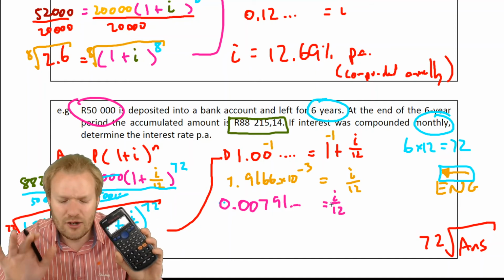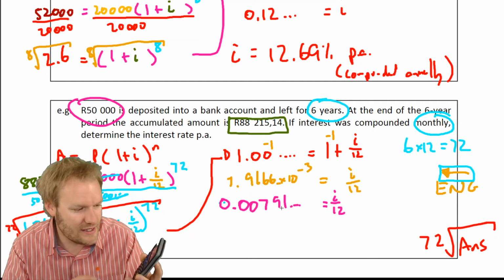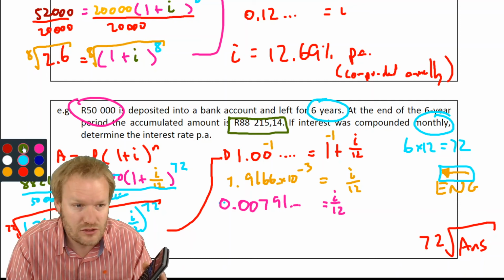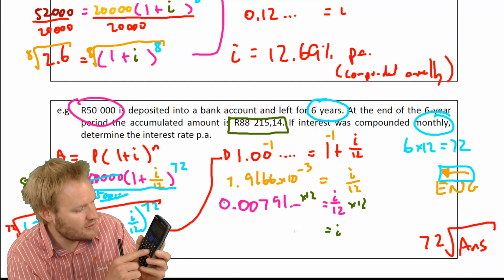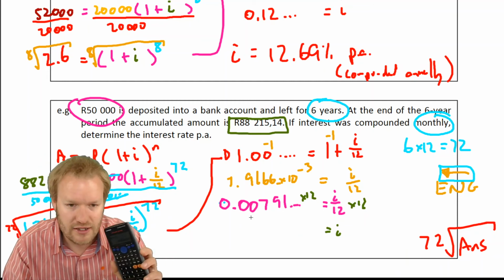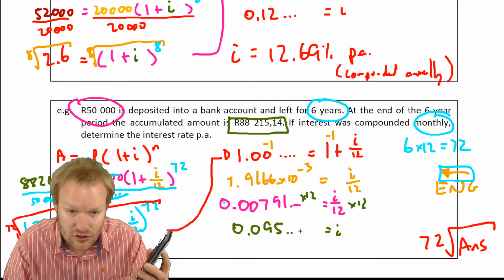But whether you did that now or not doesn't really matter. What really matters is that in the next step, we just times by 12, so that on the right hand side we just get i. What we do on one side we do on the other. Times 12, equals, and it says 0.095.